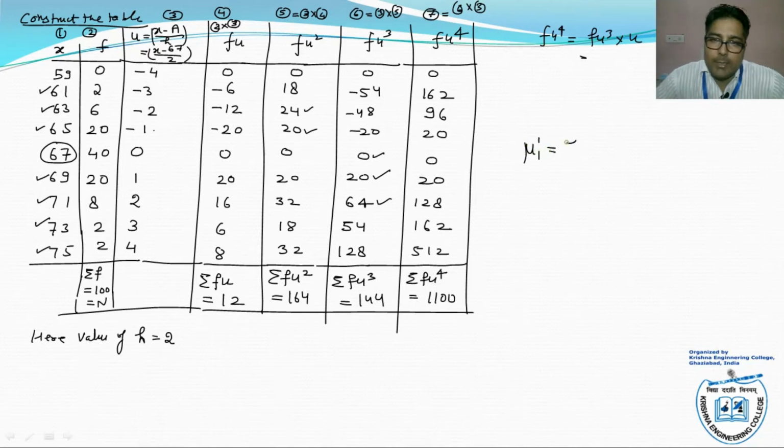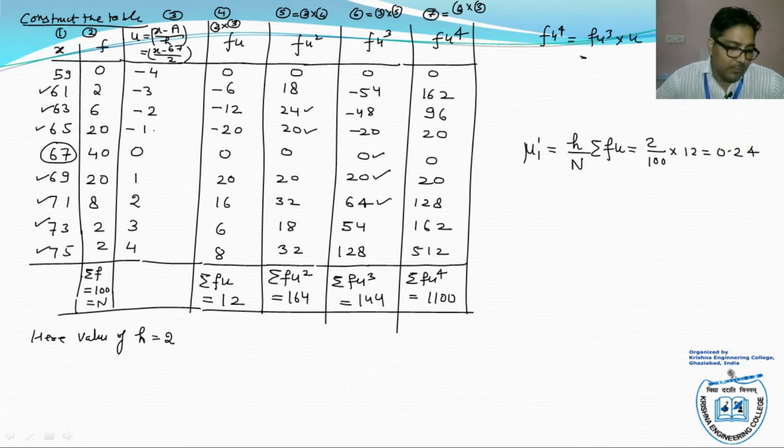Now find the mu1. Mu1 dash is equal to h upon n sigma fu. H is 2 upon n 100 into sigma fu 12. So this becomes 0.24. Clear?